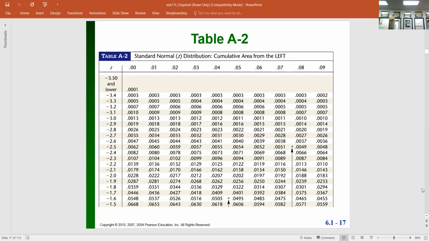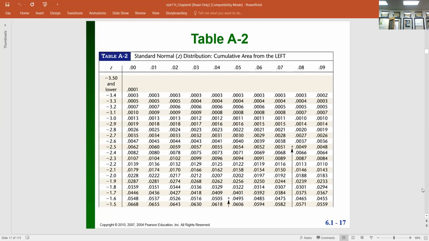Well, if we multiply z times 2.5, we get the difference between the mean and x. Look up here at our formula: z equals x minus x bar divided by s.